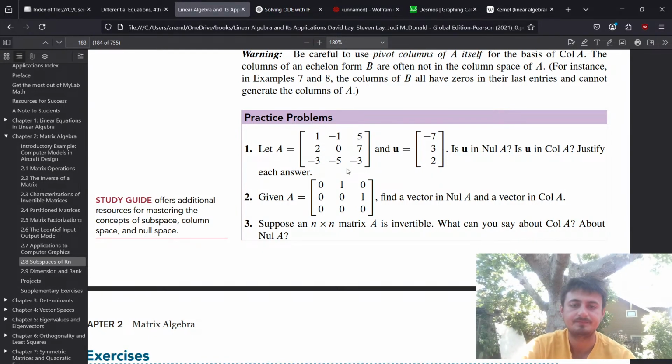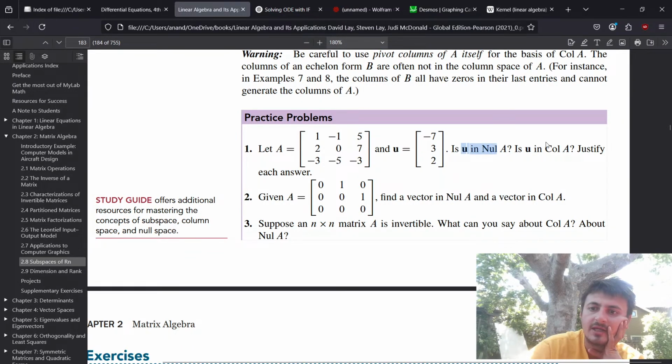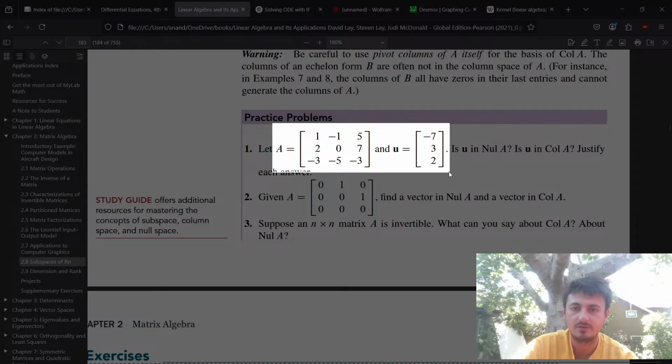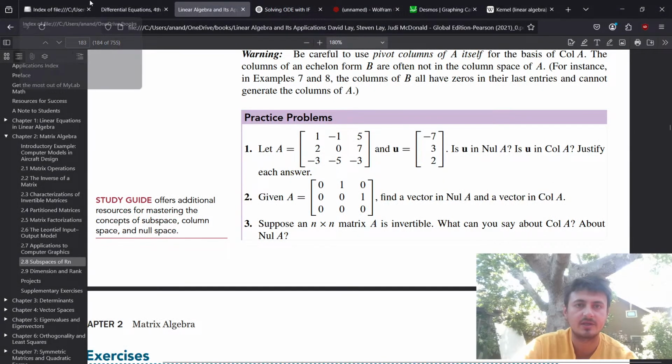Okay. So now let's do the practice problems. Is u in Nul A, is u in Col A? Let's just do it in code, because it's not worth doing it by hand.